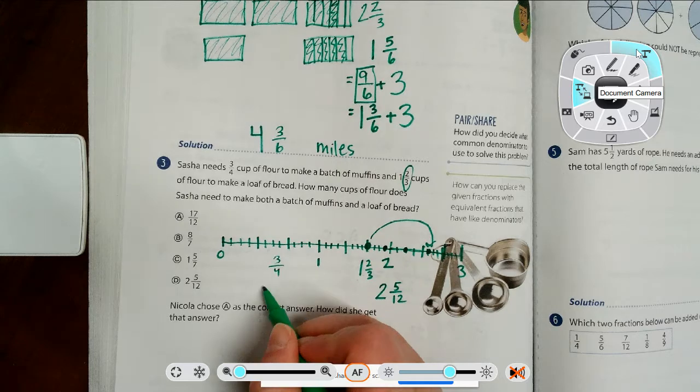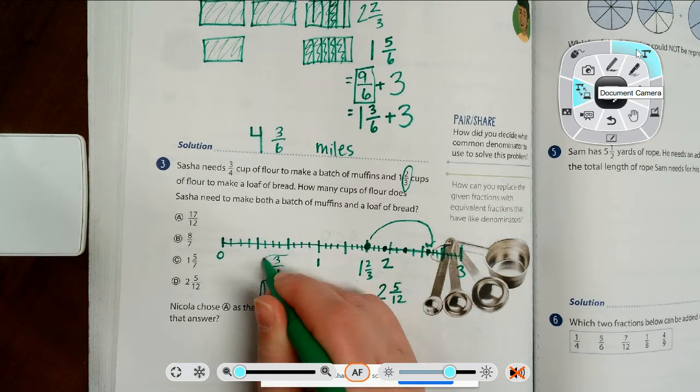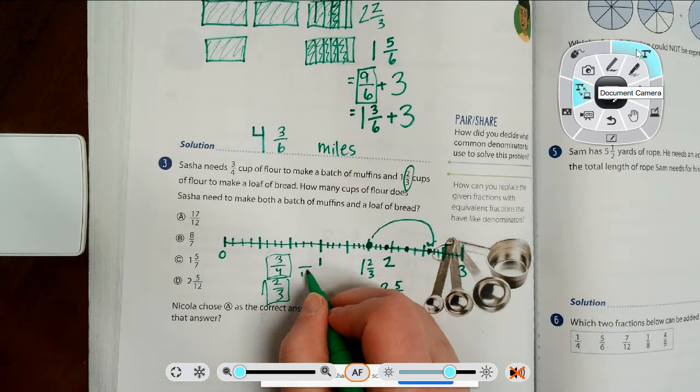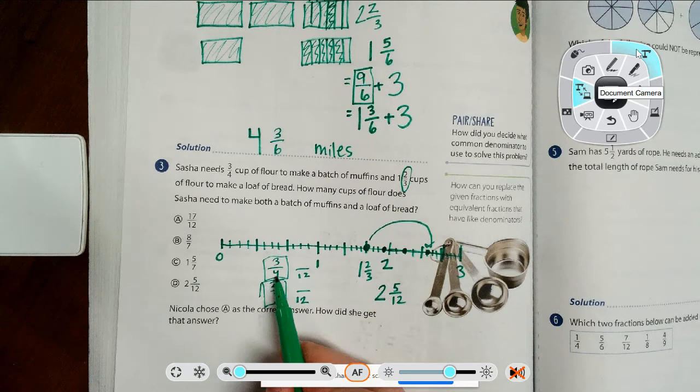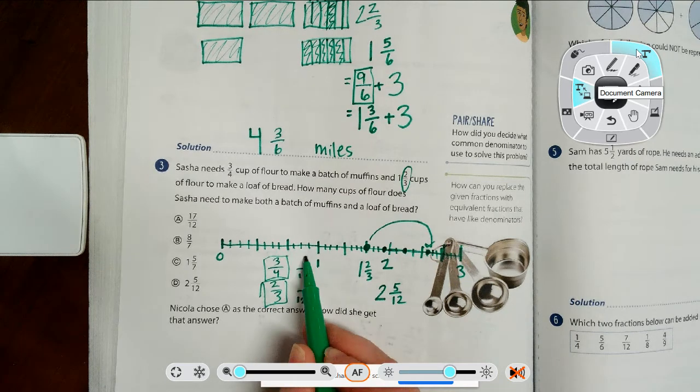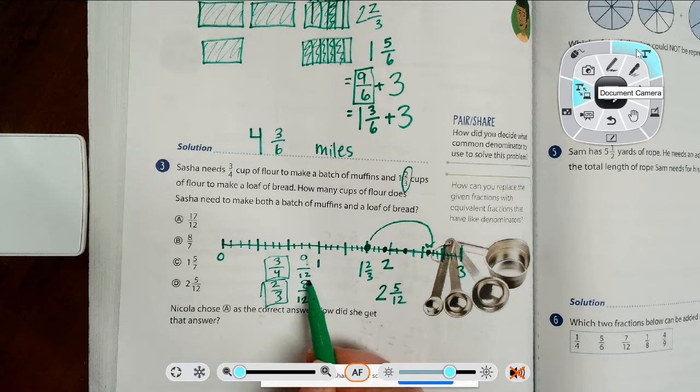3/4 plus 1 2/3. I'm going to turn these both into 12ths because I know 3 times 4 is 12. This times what gives me 12? It's 3, so this turns into 9. This times what gives me 12? It's 4, so 2 times 4 is 8.